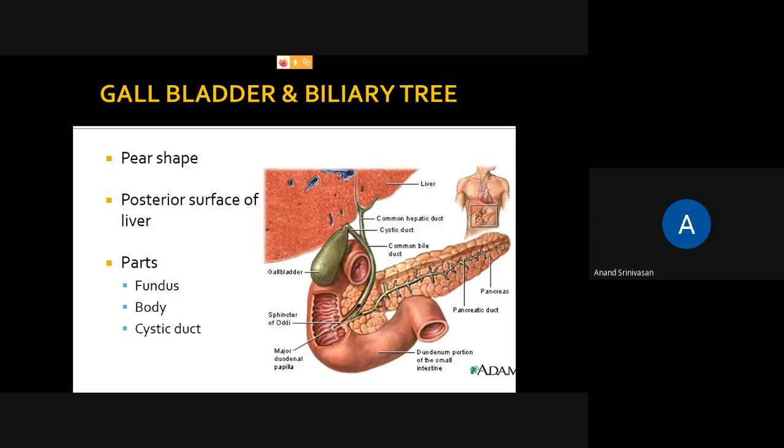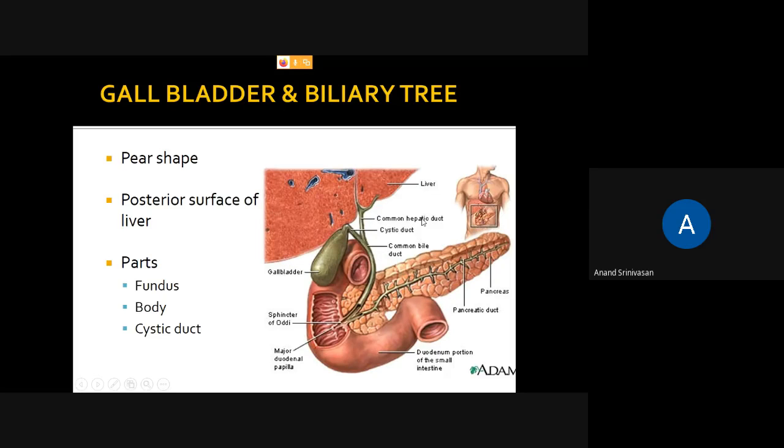Now we'll finish off today's class. The gallbladder stores the bile. Where does this bile come from? The bile is produced in the liver. The bile from the liver comes through the right and left hepatic ducts. These two hepatic ducts join together to form the common hepatic duct.